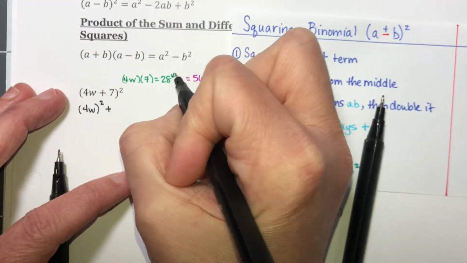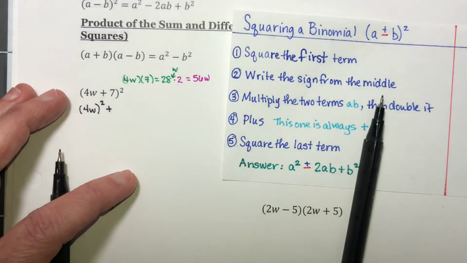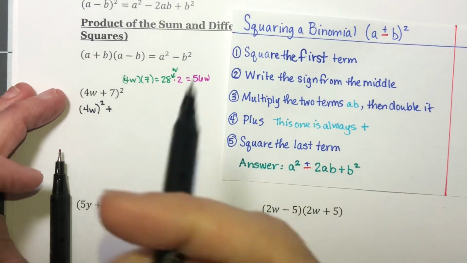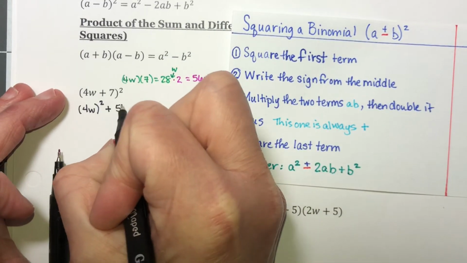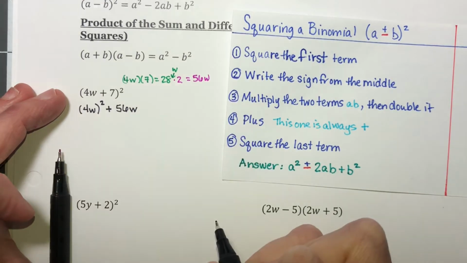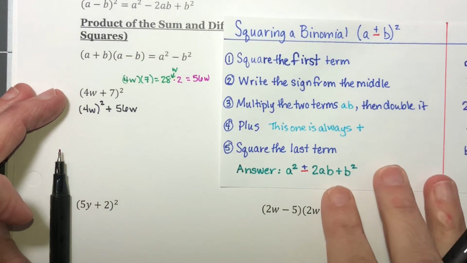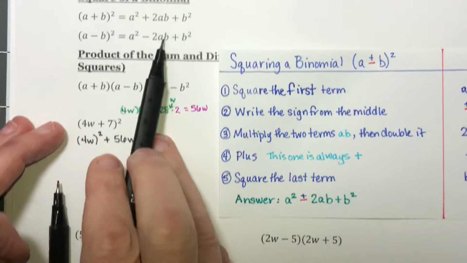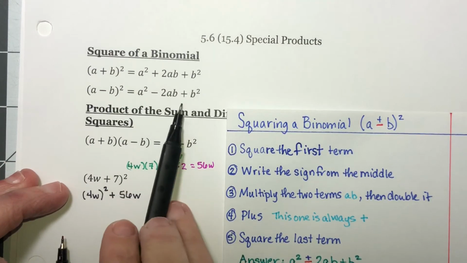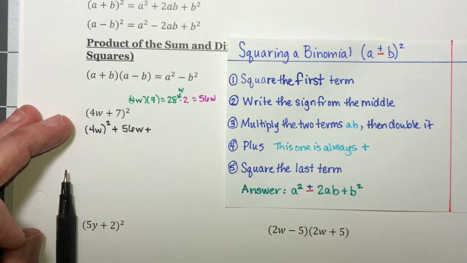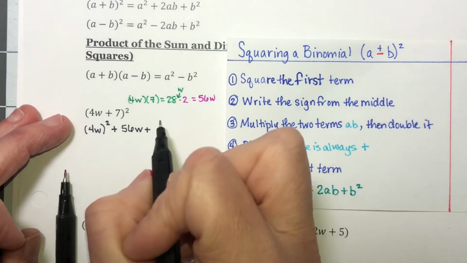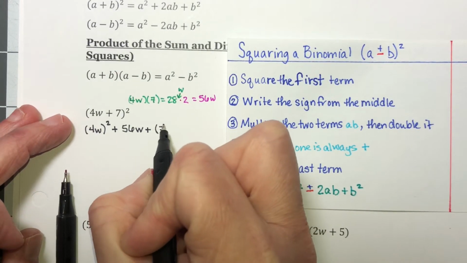W should be right there. Okay, so what goes right here is plus 56w. Okay? Plus the last one right here, if you look at your two formulas, this one is always a plus. So plus, then you square your last term. So this is 7 squared.